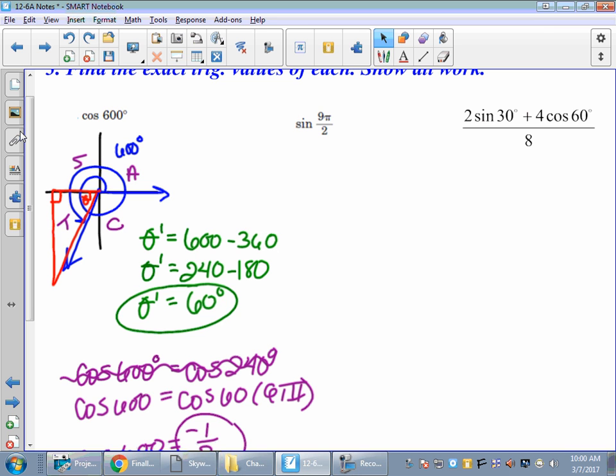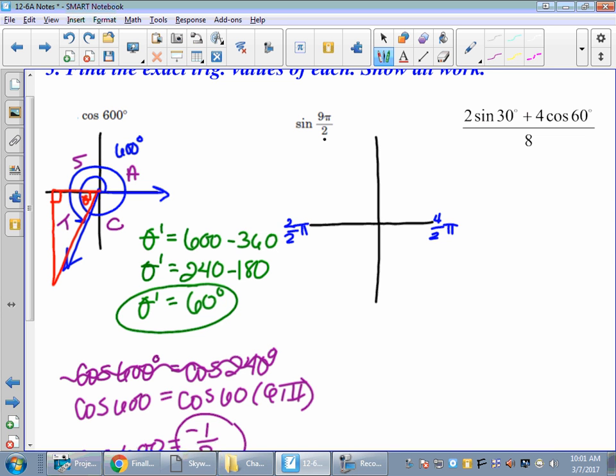Sine of 9/2 pi. When we draw 9/2, the halves tell me that we're going to land on a quadrantal. I just have to figure out which quadrantal because it's a little bit bigger. If I'm talking in terms of halves, I should figure out 2 pi to subtract, so this would be 2/2 pi, and this would be 4/2 pi.